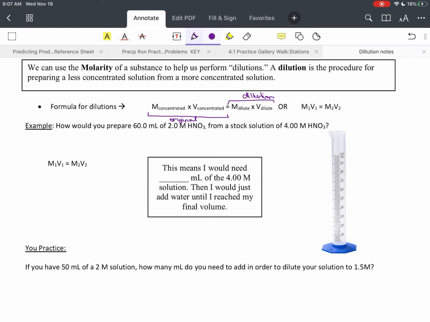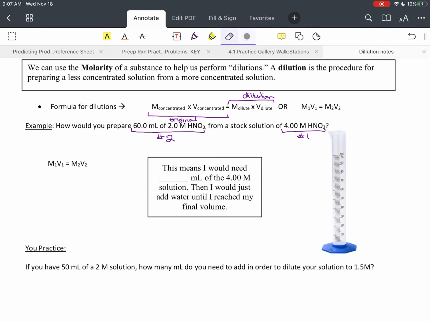For example, it says, how would you prepare a 60 milliliter, 2 molar nitric acid solution from a stock solution? So this is our new dilution that we're making. We're just going to plug it in. This is our number 2, and this is our number 1.